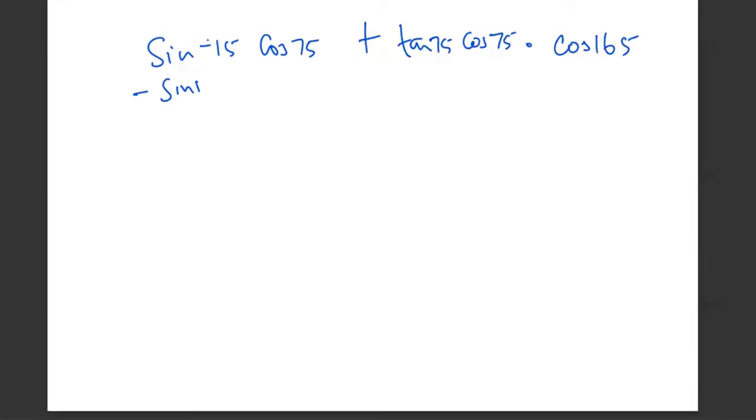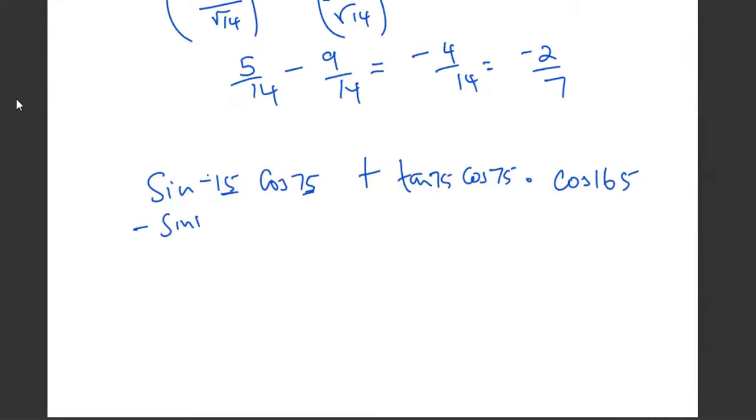But before I look at sine 15, which value? I mean, I'm seeing just 75s everywhere. So if I get a 90 minus 15, that's going to give me a 75. Okay. So let's say we have a sine of 15.